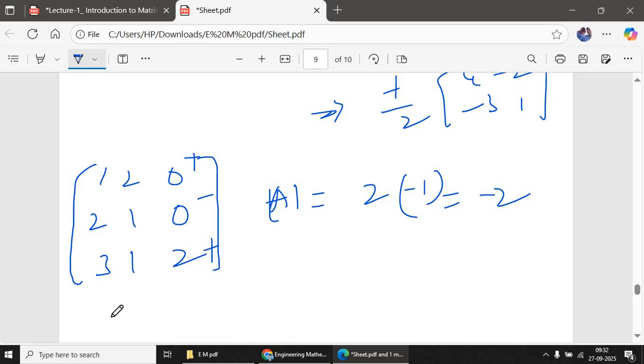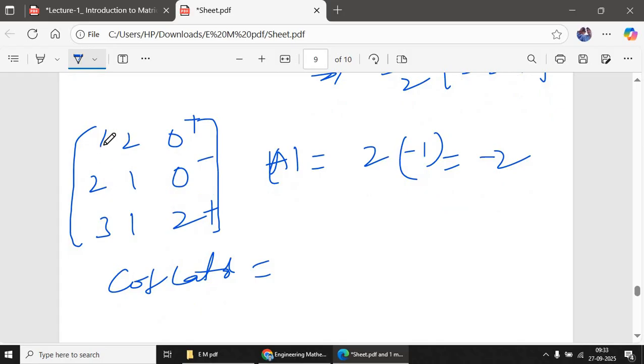Now I need to calculate the cofactor, the cofactor for each and every element. So the cofactor matrix, again 3 cross 3, you will get. When I am calculating the cofactor for 1, I need to follow the same determinant concept, but we don't multiply this 1. So 2. Again when I select 2, here 2 2s are 4. And when I select 0, remember that if 0 is there it doesn't mean 0 multiplied, it's not like that.